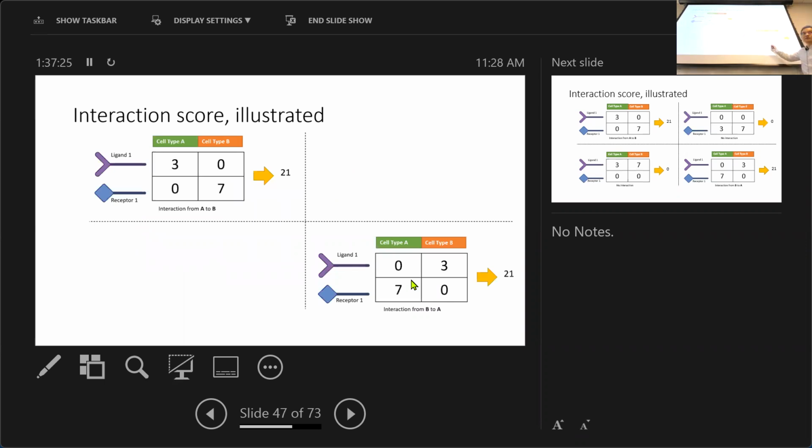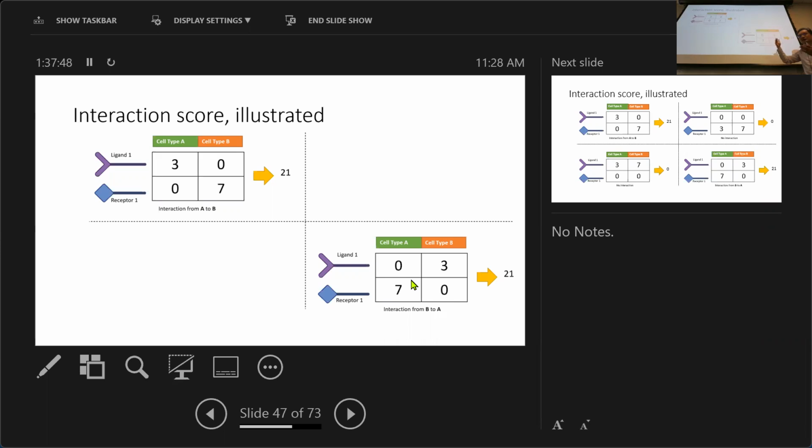Is this opposite? It's a direction opposite. So cell type B becomes a donor to produce ligand 1, and cell type A becomes the receptor producer. Also, the score is 21.